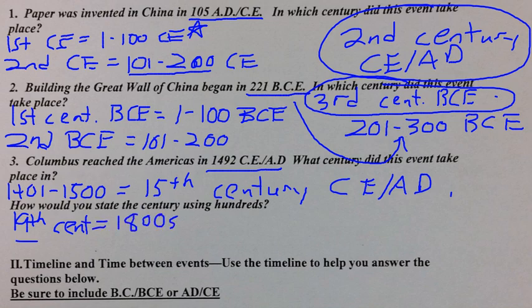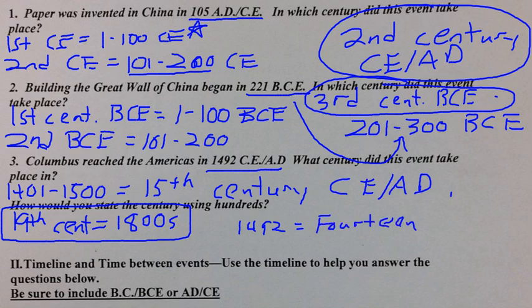Okay, so that's the class example right there. But this problem is asking about 1492. So 1492, therefore, is in the 1400s. Okay, I can write it out like this. Or I can write it like this. And the second one I kind of prefer because it's shorter.